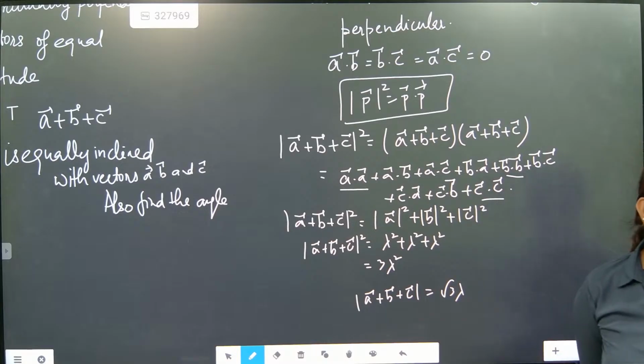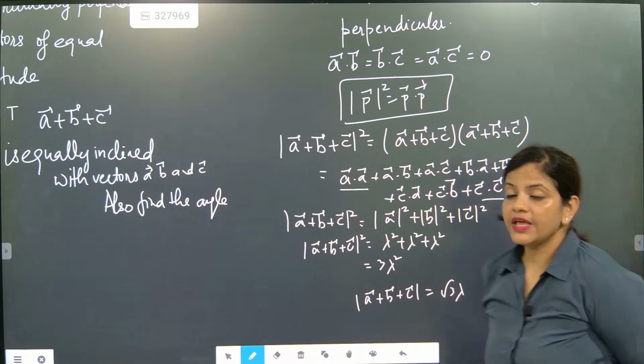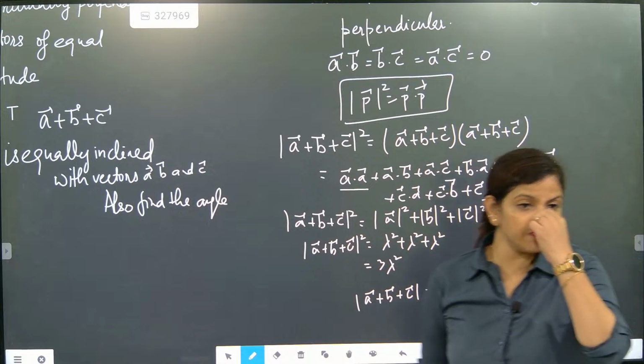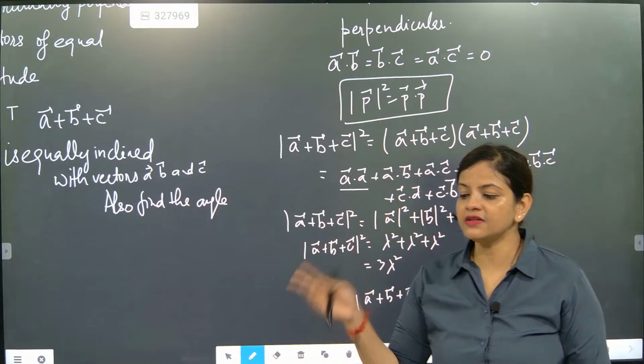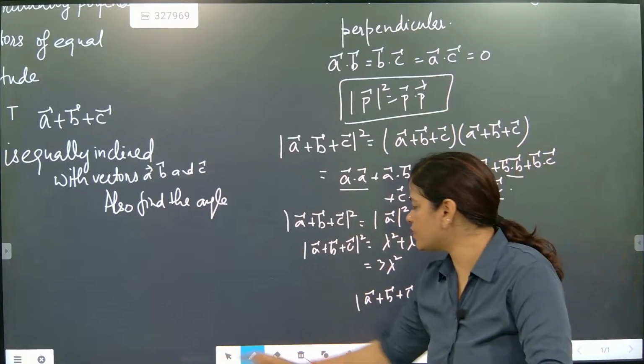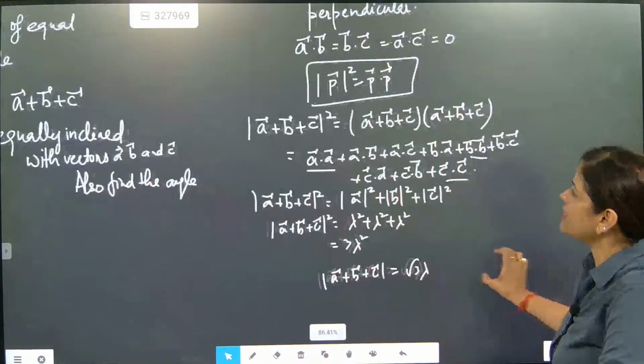Equal angles, we remember what they told: A vector plus B vector plus C vector is making equal angle with A vector, B vector and C vector. So the second part of the question is a very important thing.